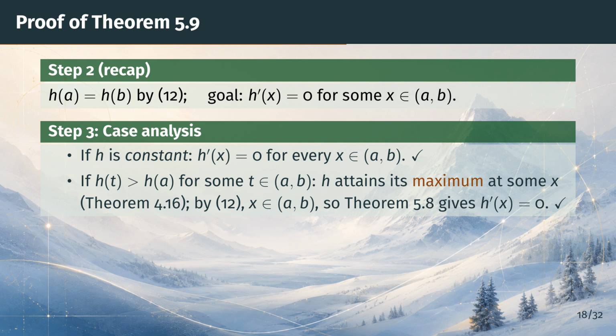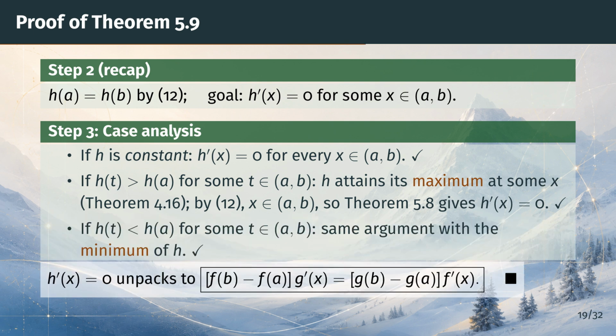One case remains. In the last case, h dips below its endpoint value somewhere inside. Then we pick x, where h attains its minimum. Again, equation 12 forces x to be interior, and theorem 5.8 gives a vanishing derivative. In every case, we found an interior point where the derivative of h is 0.